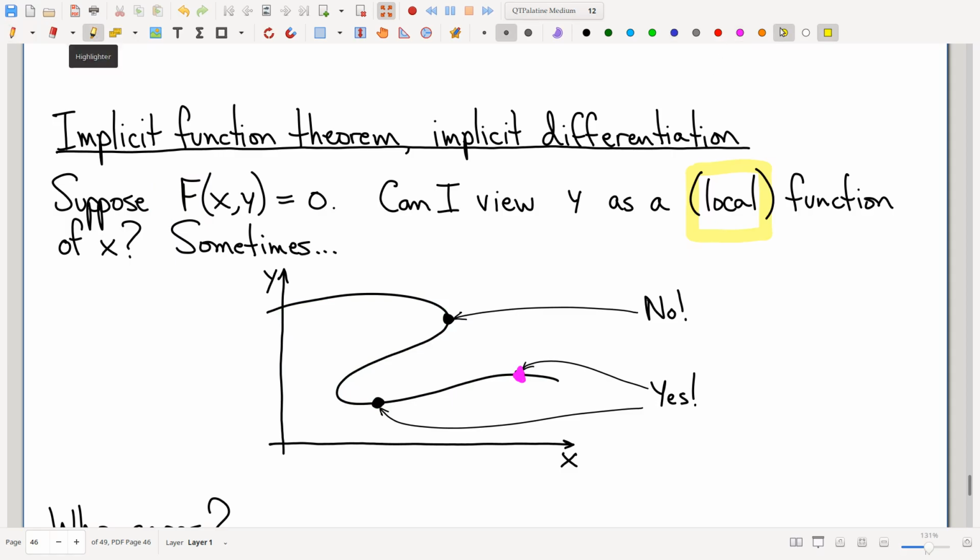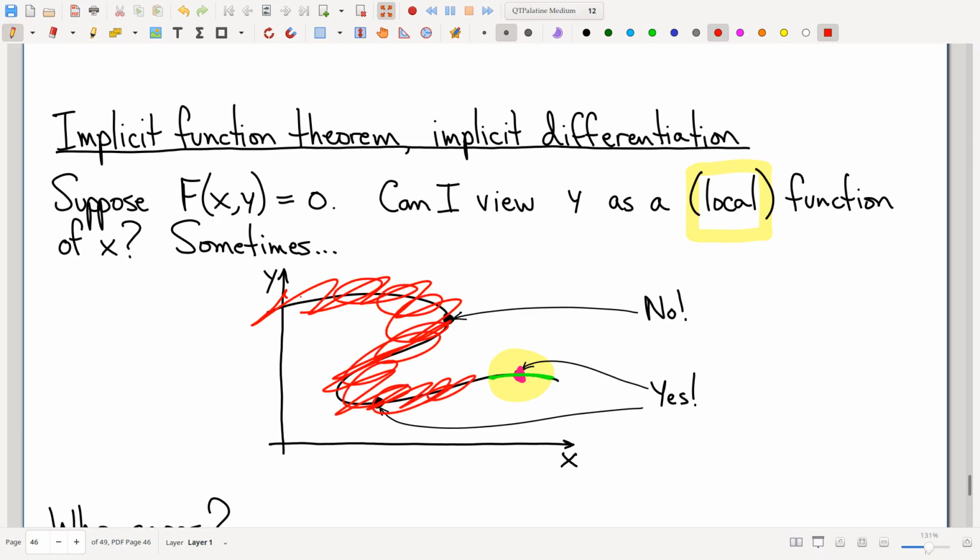And by locally, I mean let's just look at some conveniently small neighborhood like that. And if I look only at that part of the curve, that means that I do not care about any of this stuff over here, nor do I care about wherever else the curve might go off to outside of that yellow neighborhood. This is what we mean by locally.